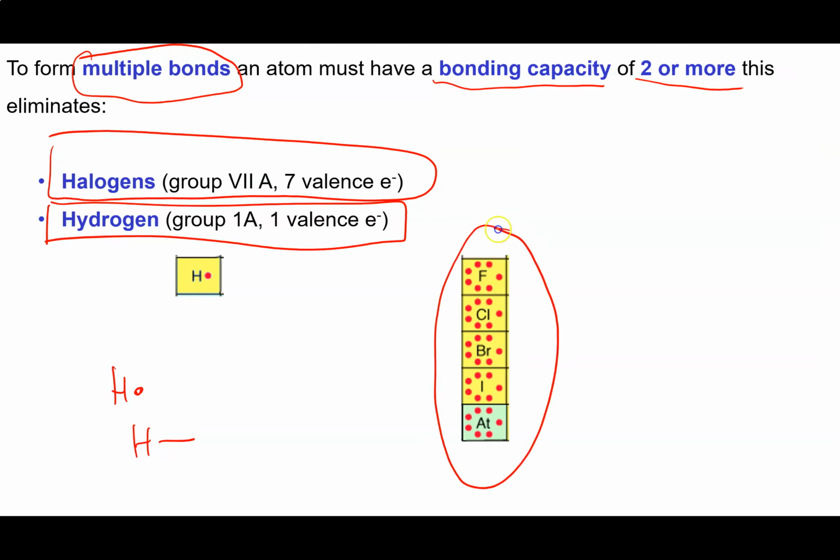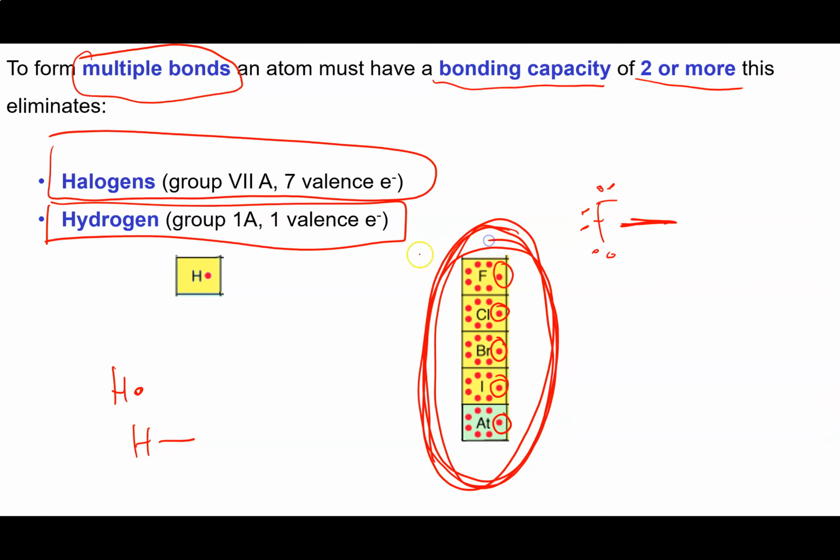We see the same thing for the group 7a elements, the halogens. They only have 1 single dot there. And so these guys, again, are going to be on the edge of molecules, normally forming a single bond. Now, there are sometimes exceptions to these things. We've been very careful to say that these are typical bonding patterns rather than absolute rules. But generally, we're going to find the halogens on the edge of molecules, and hydrogen is going to go on the edge of a molecule as well, forming 1 bond.